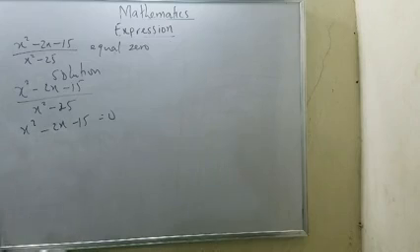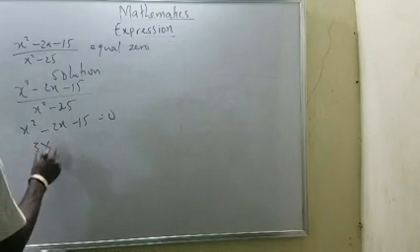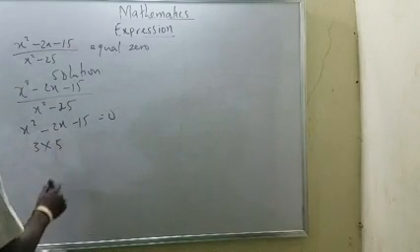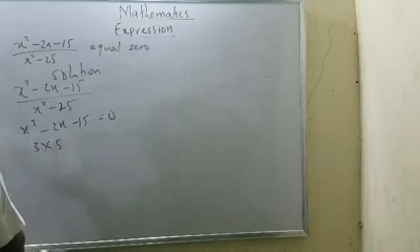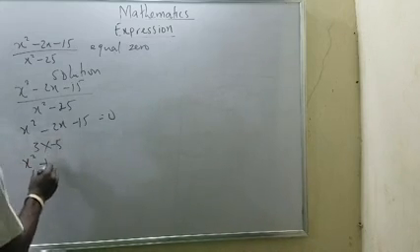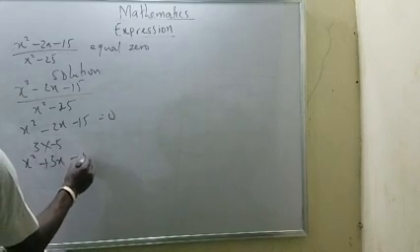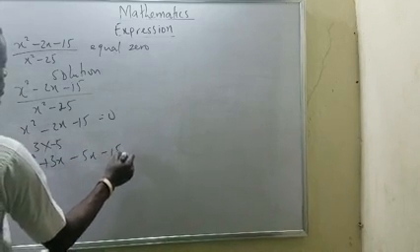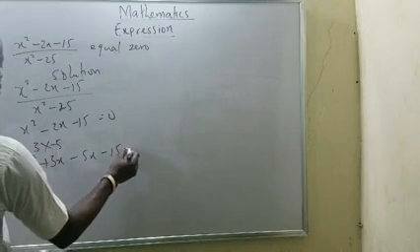Okay, 15 and 2. What can I add? I'll be playing with 3 multiplied by 5, which will surely give me 15. So I have x squared plus 3x minus 5x minus 15 equal to 0.